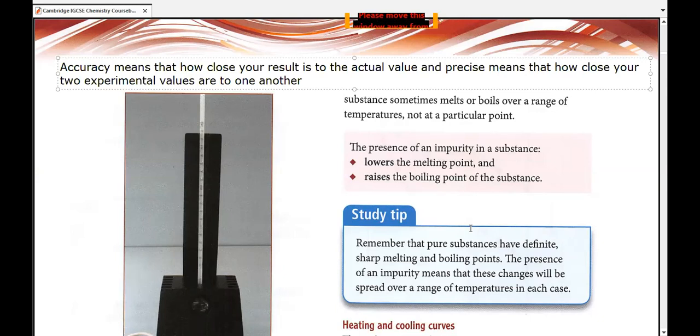But 98 and 99 are quite precise. Right? So being closer to the actual value gives you accuracy. And if the experimental values in more than one experiment are close to one another, then it's precision. I hope the difference is clear, but if you still have a question, go ahead and ask.